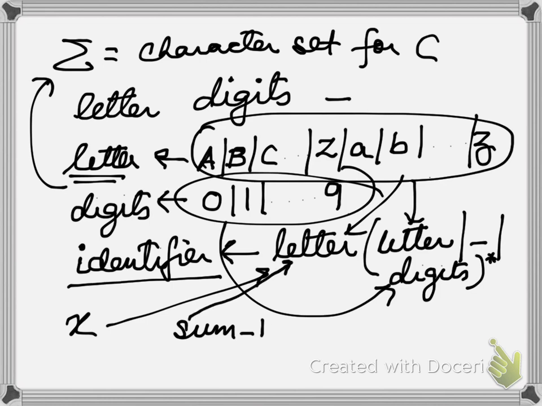First one is letter, second is also letter, third is also letter, fourth is an underscore, fifth is a 1 or digit. So it follows the pattern. Suppose I write 2sum. This is not allowed because the first should be a letter. So this is not a valid identifier.